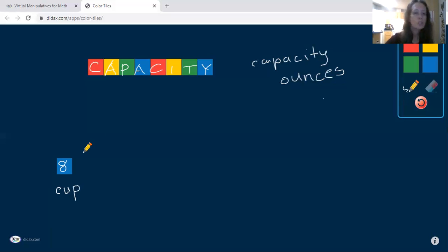In order to make a pint, which is my next measurement, let me write pint over here. Pint is bigger than a cup.